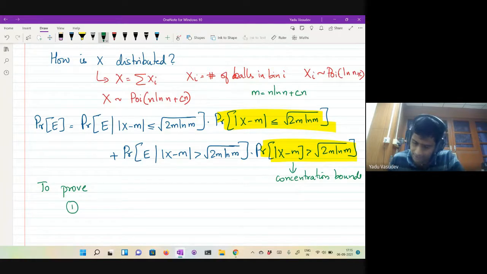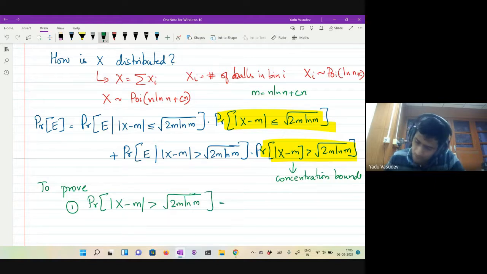The first is that the probability that X minus M is greater than square root 2m ln m is going to be little o of 1. This is the concentration bound, right? M is the expected value of X. The probability that X minus M is large is very small.